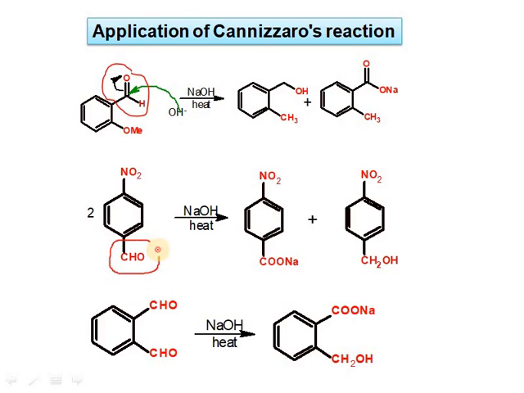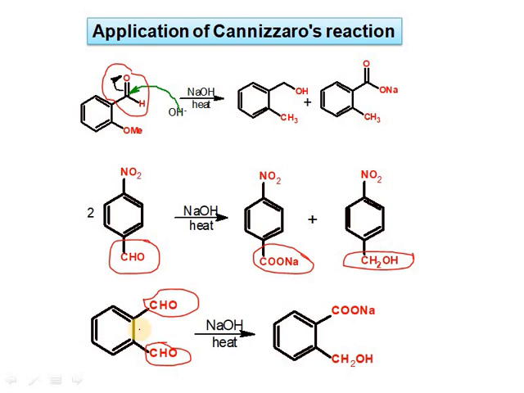So in this benzaldehyde, the aldehyde group is converted to COONa in one product and CH2OH in the other. Similarly, where two aldehyde groups are present, only one molecule can be converted. It is a dialdehyde, with a first and a second aldehyde group.